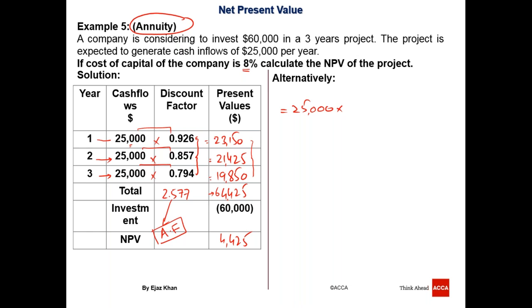So instead of multiplying the individual values with 25,000, if you just multiply this annuity factor, which is 2.577, with the amount of annuity, we'll get the present value directly. 64425.